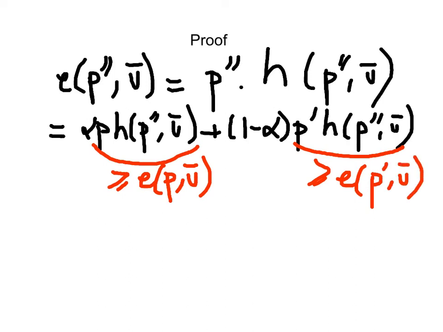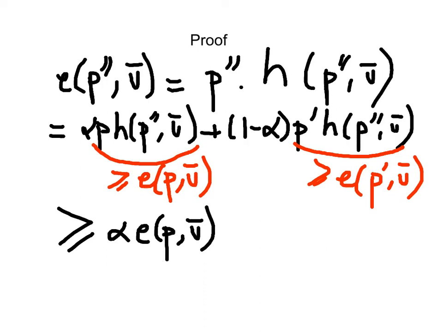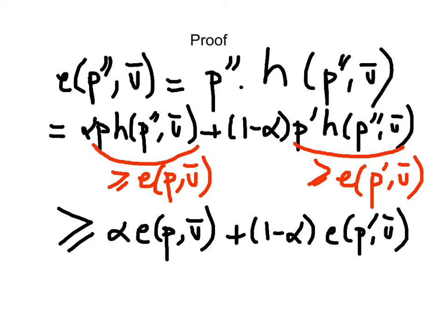That's the cost of the cheapest bundle, and H is not necessarily the cheapest bundle for P or P prime. And so now I've actually shown that this expression here is greater than or equal to alpha E at price level P plus 1 minus alpha E at price level P prime. And this is exactly what I needed to show.